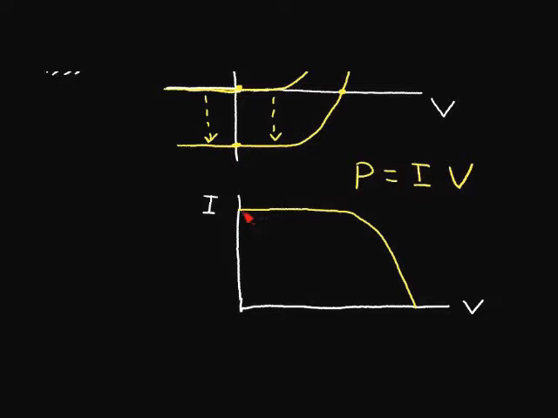So if we are operating right here, at this point, we have no voltage across the solar cell. So we've, in effect, shorted out the solar cell, and we produce a large current. But since the voltage is 0 in this equation, we don't really get any power, so it doesn't do anything useful.